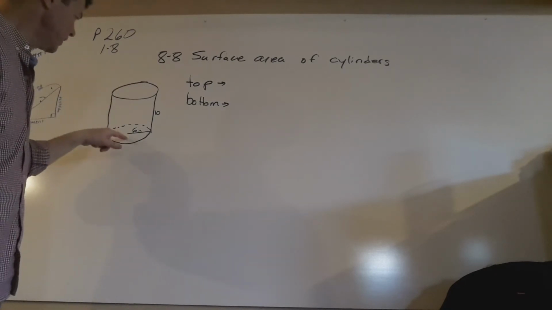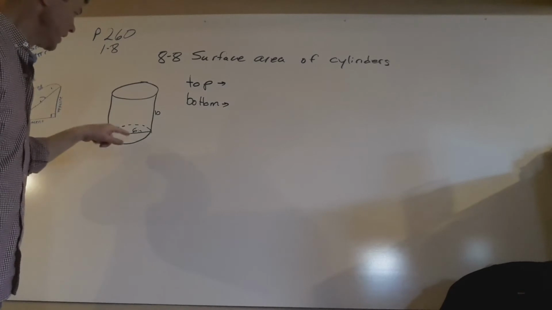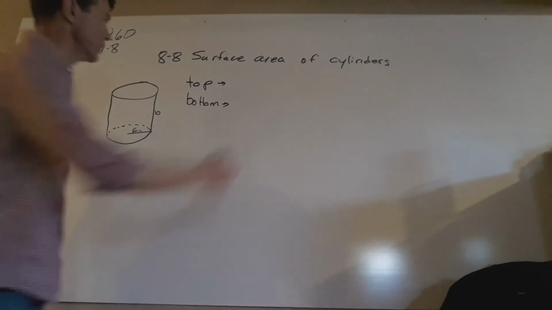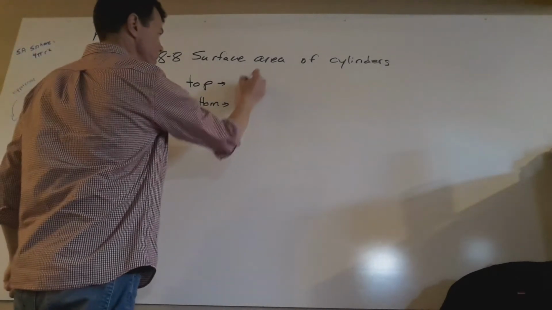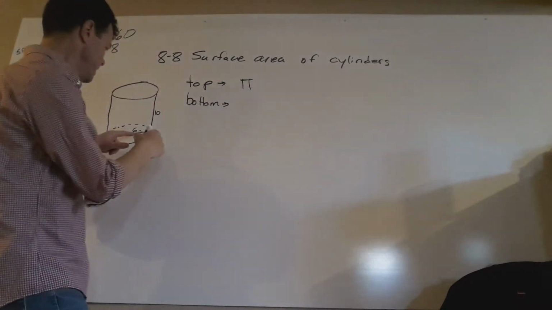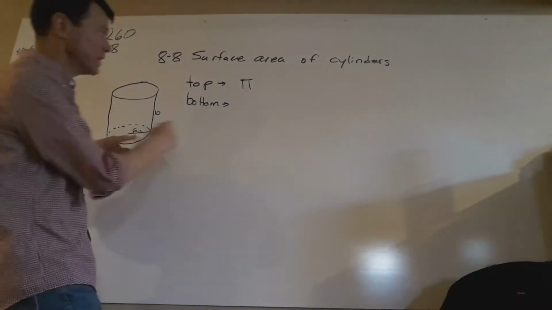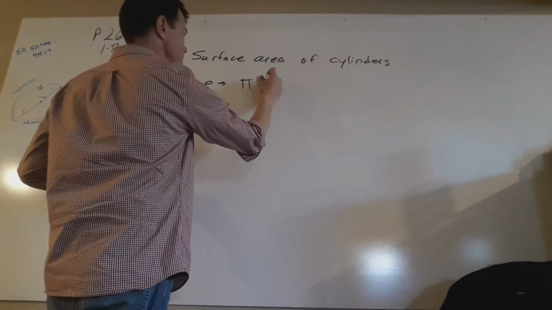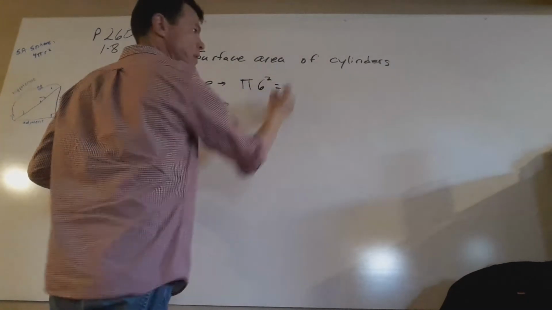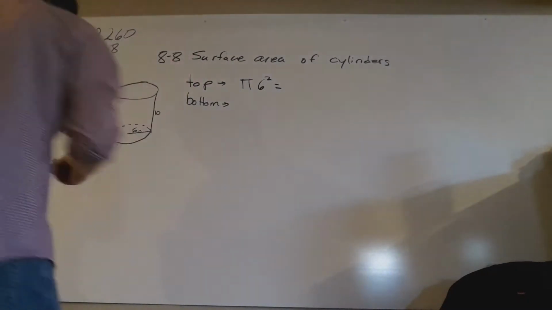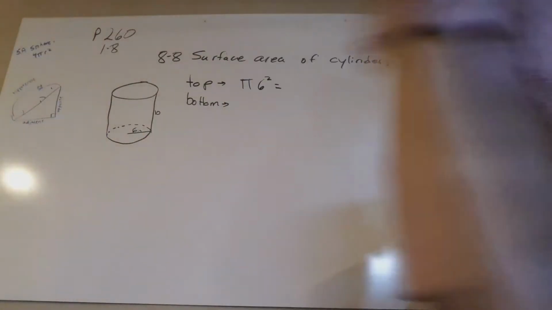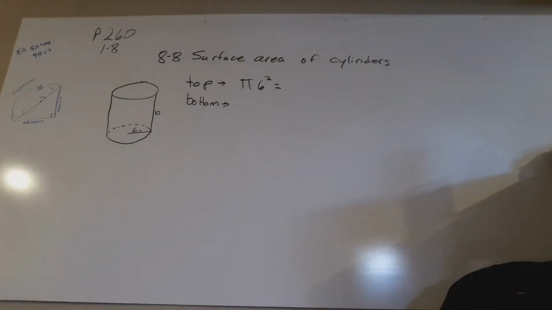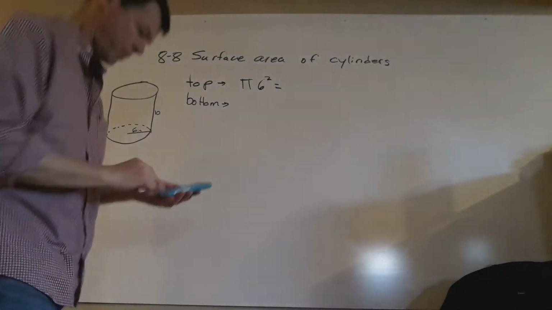And if I recall, the area of a circle is pi times radius squared. So up here on the top, we need to do pi times 6 squared. I am going to calculate that out. 6 squared is 36, and then 36 times pi.